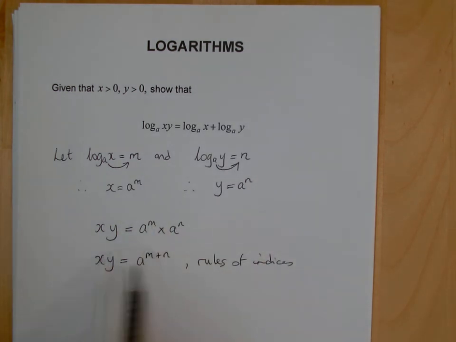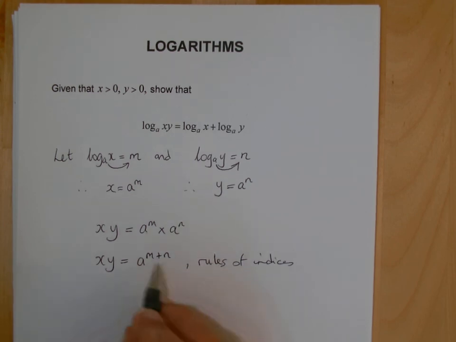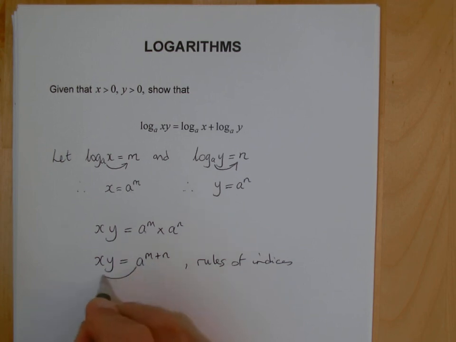Now, when you look at this, we could actually rewrite this as a logarithm, if you think about it. Because I've got xy equals a, which would be my base, to this power, m plus n. If I wanted to work out that power, m plus n, I need to take that a over to the other side, and I do it by swinging over, and it creates a logarithm: log to the base a of xy will equal this power here, m plus n.